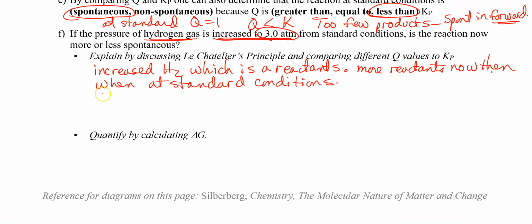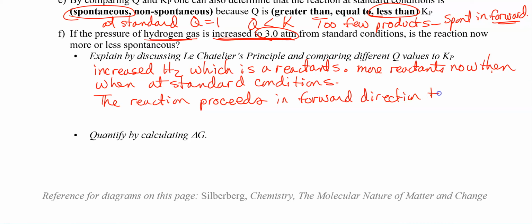All right, so the reaction proceeds in the forward direction to get to equilibrium. Too many reactants, right? Because our Q is products over reactants, and we just added more reactants.